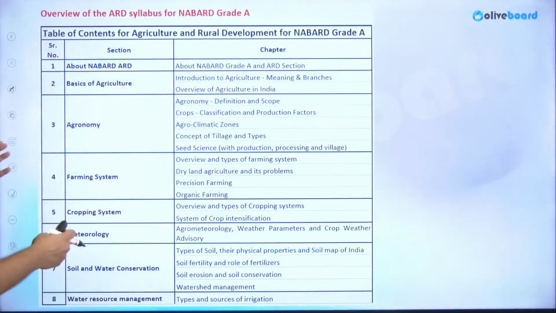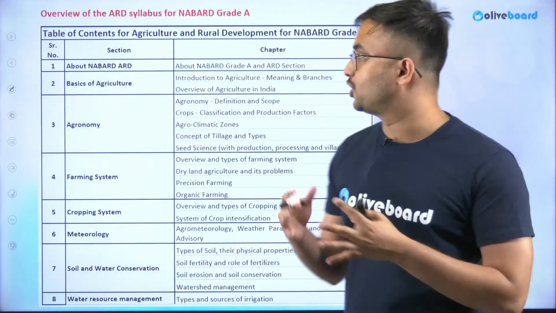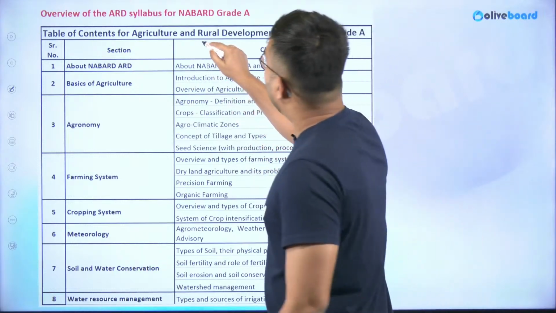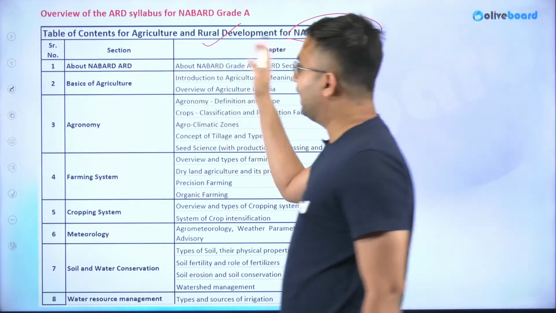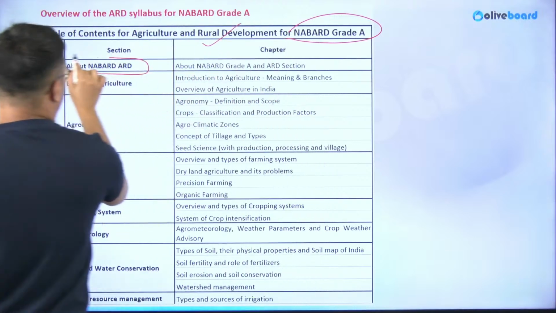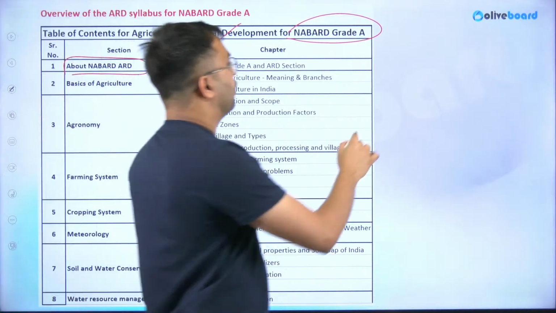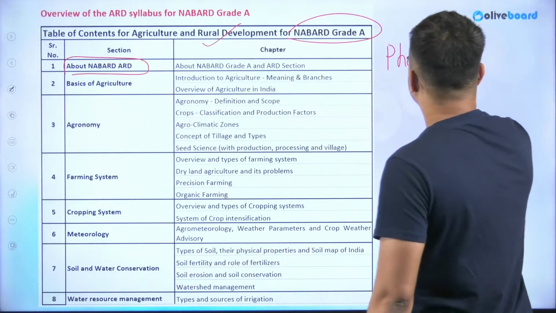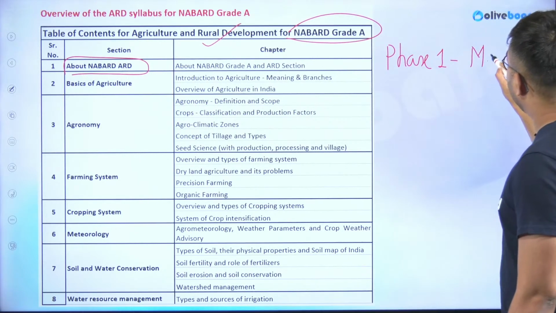Next, let me come to the overall orientation and how our lectures are going to be. So ARD for NABARD Grade A, if you see section and chapter, today's class was about NABARD and the ARD section. One thing to understand: for phase 1, why is ARD important?